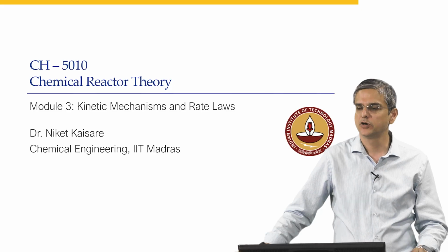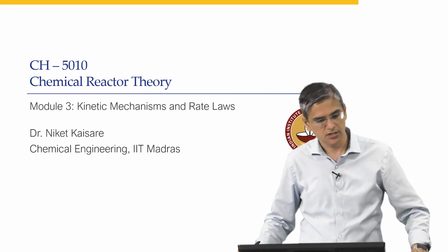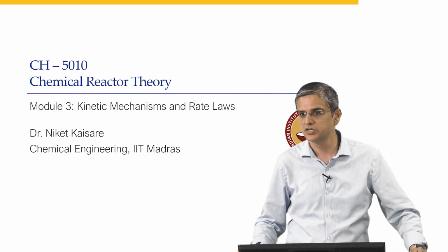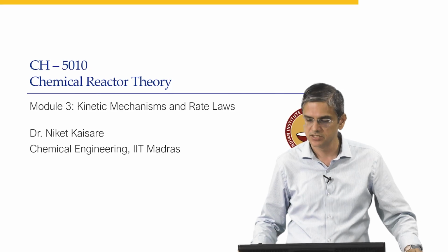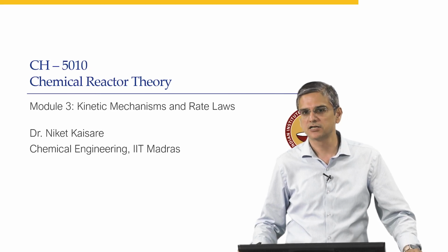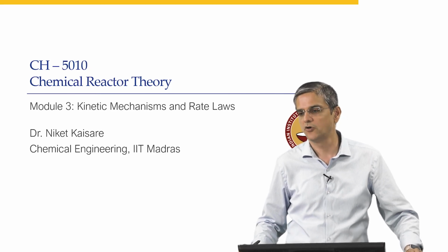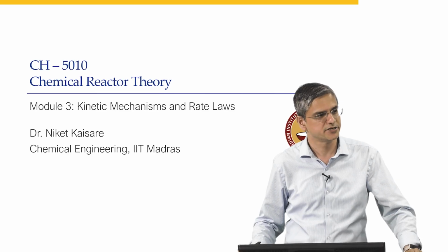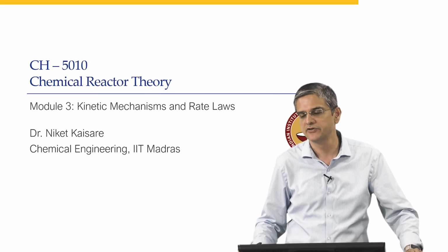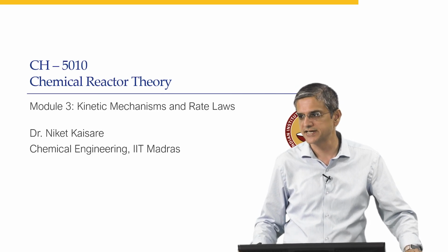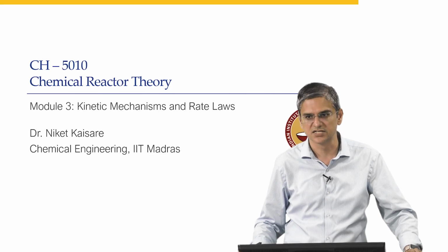So, what we are doing right now in module 3 of the chemical reactor theory course is to look at mechanisms for pretty much non-elementary reactions and see how we can derive the overall complex rate expressions from those mechanisms.